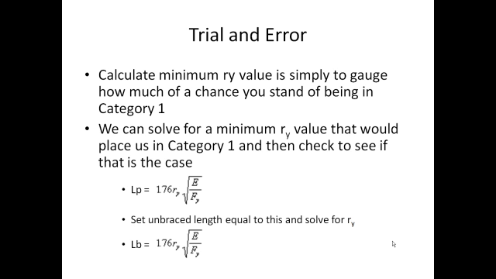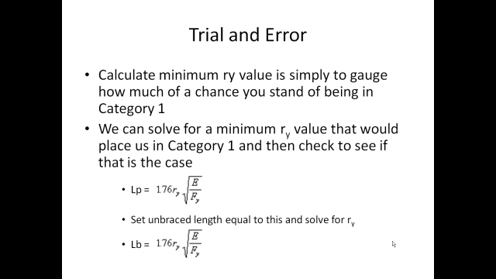The other thing that you can do, since this might involve several trials, is rearrange the Lp formula to solve for an ry value. You can do this by setting your unbraced length equal to this Lp formula and solving for ry.